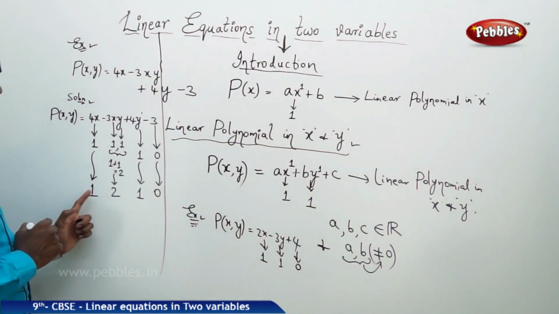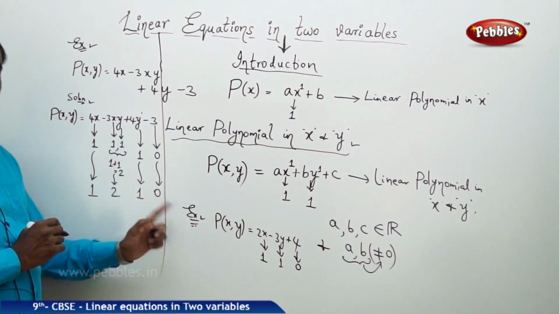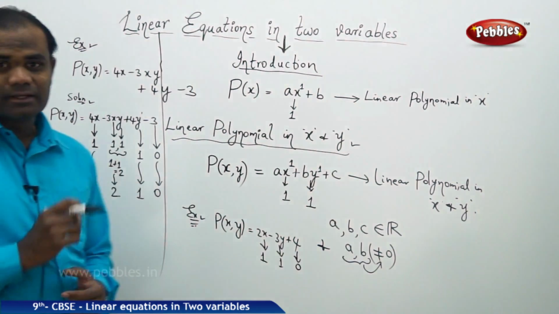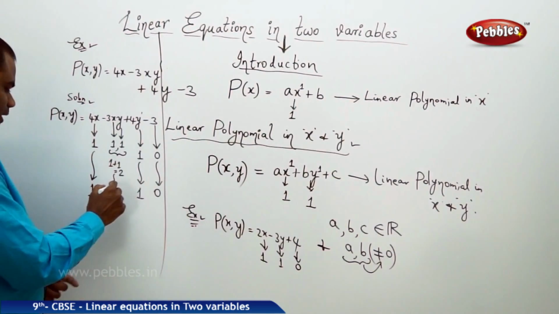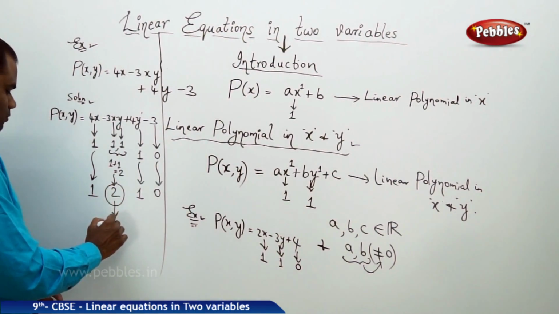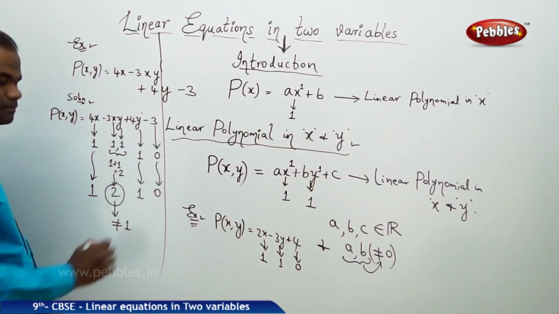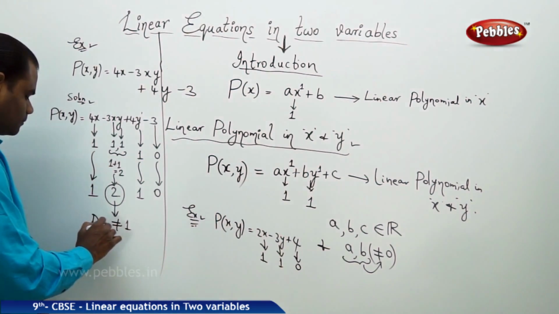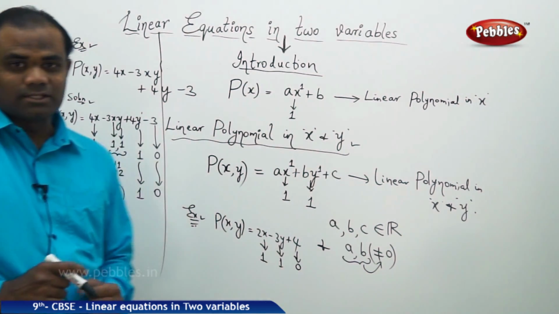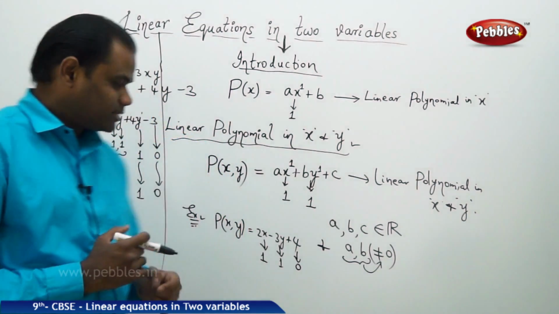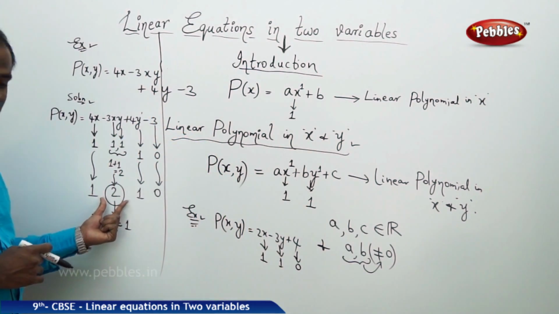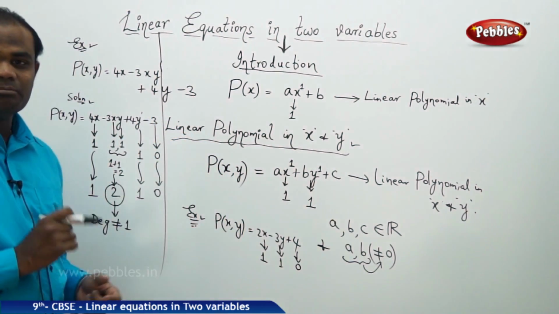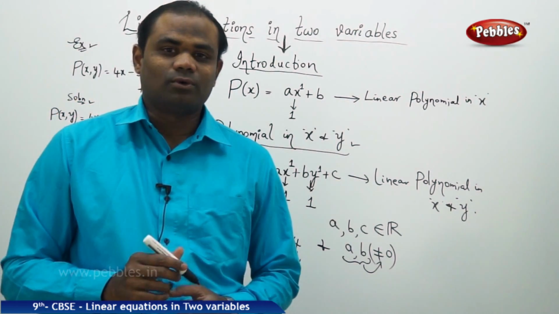Therefore, when I compare each of the degrees 1, 2, 1 and 0, I identify that the second term, which has degree 2, is not equal to 1. Because the degree is not equal to 1, the highest degree is 2. It cannot be a linear polynomial.